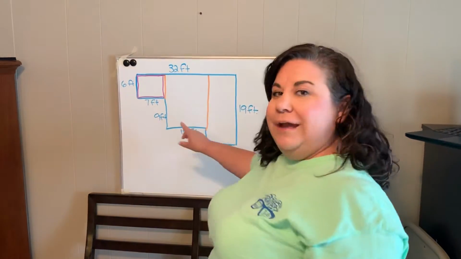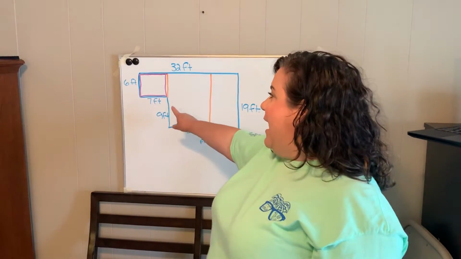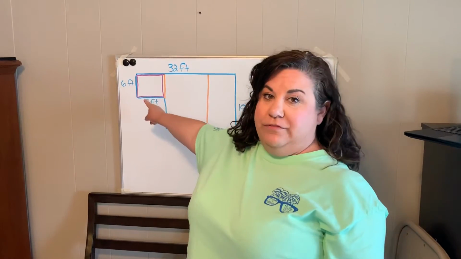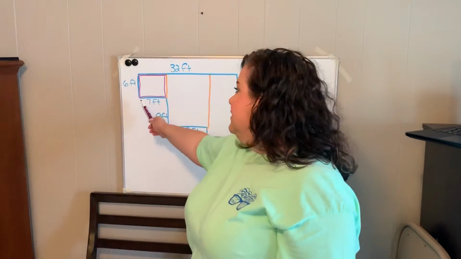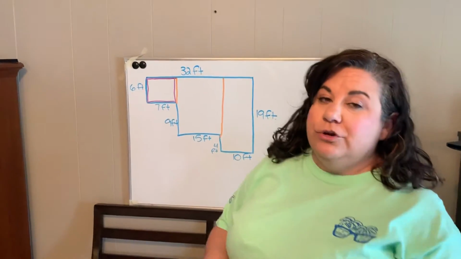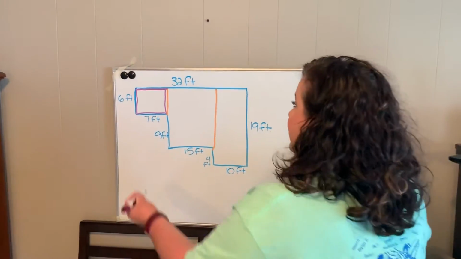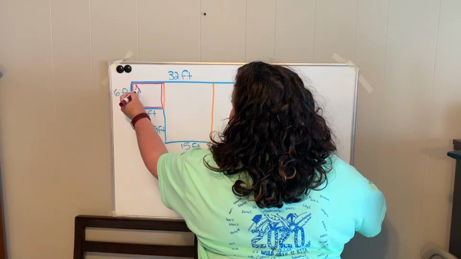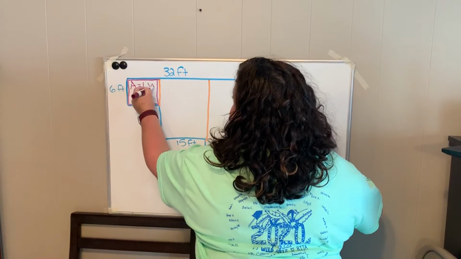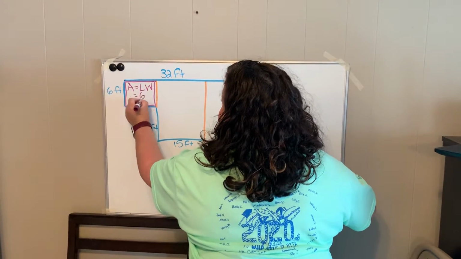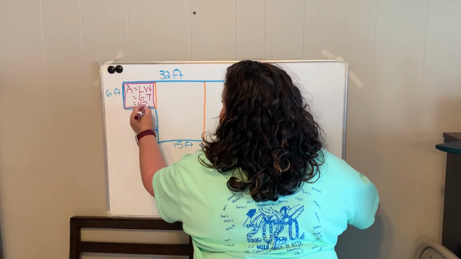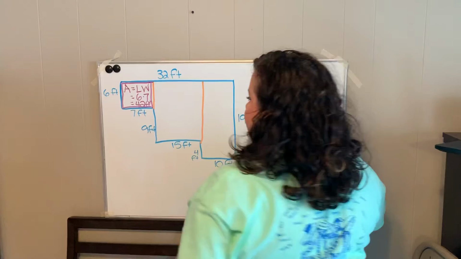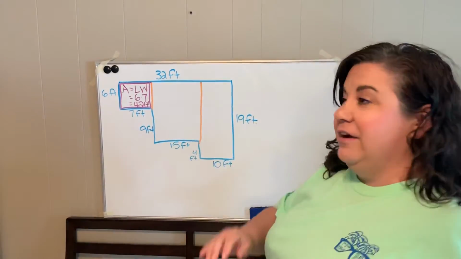And if you look at it, you can see that I have 2 measures of these sides. The 6 feet corresponds to this. The 7 feet is here. So it's easy to see that we can find the area, which remember is length times width, which is 6 times 7. So the area of this particular rectangle is 42 feet squared, okay? So now I have the area of that one.